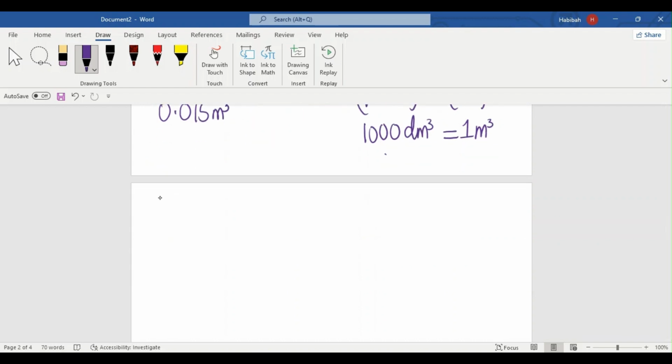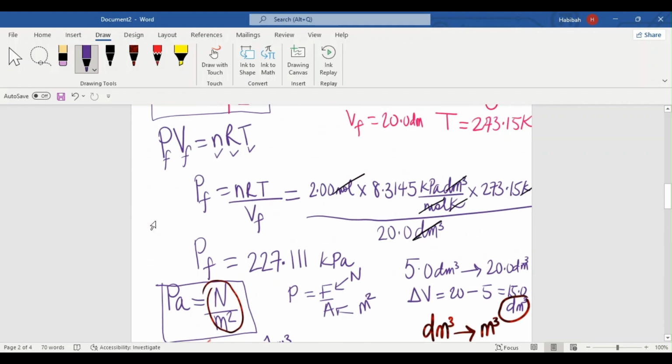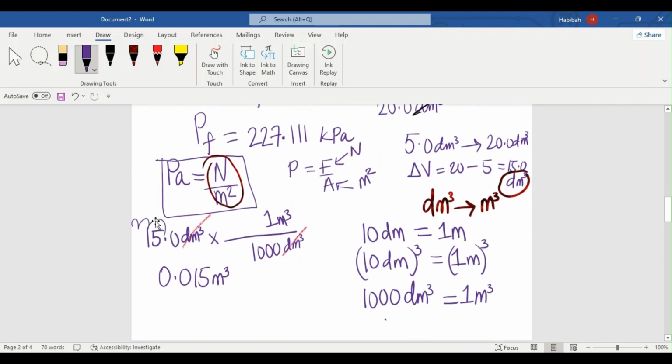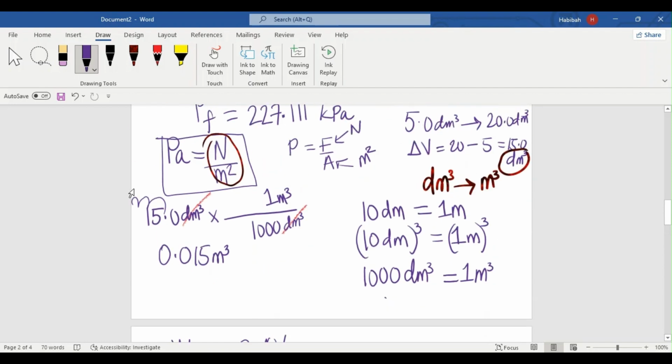So going back, we see that work done is equal to negative P external, or P final, times change in V. So that would be work done equals negative, what's P final? It would be 227.111 times 10 to the power 3. Pascals is the same thing as Newton per meter squared.